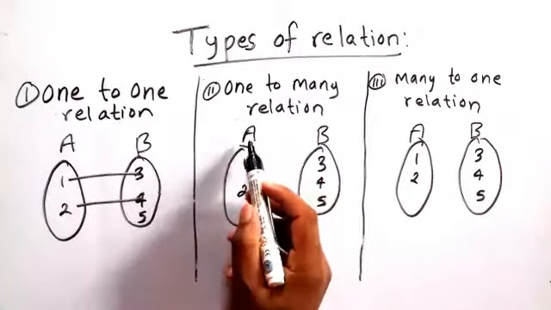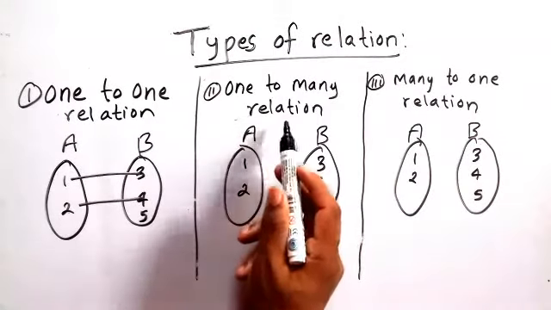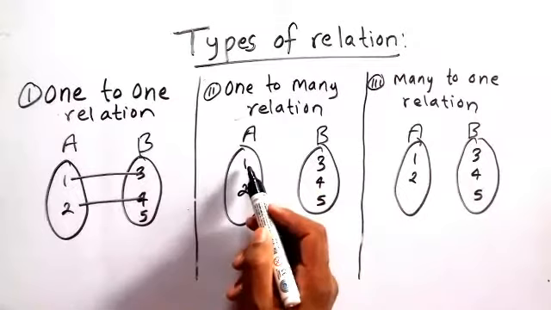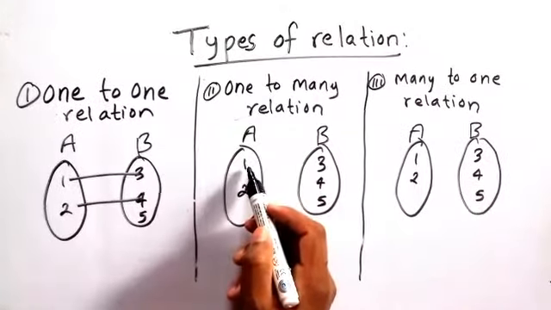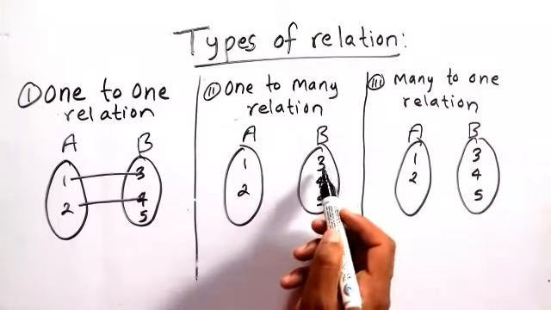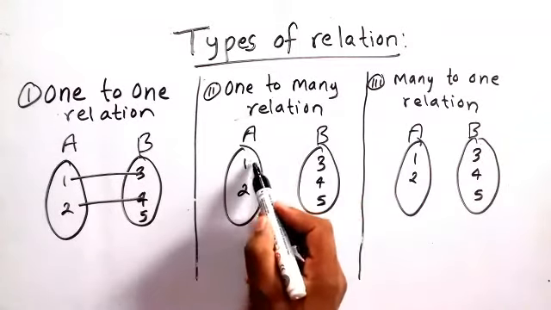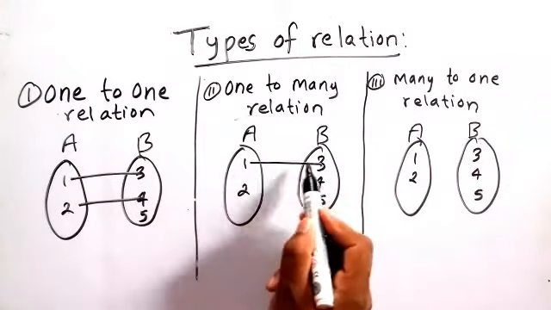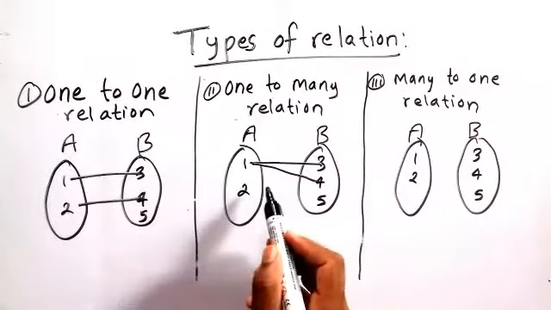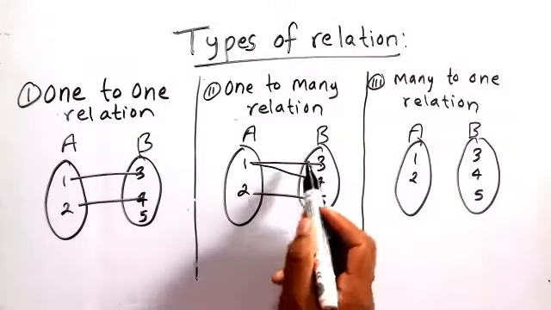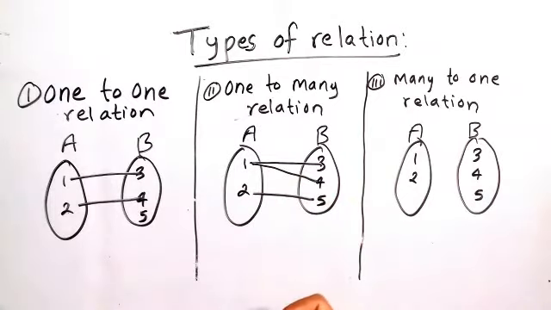And in one-to-many relation, at least one element of set A maps with at least 2 elements or more than 2 elements of set B. For example, this one maps with this, then this is a one-to-many relation.